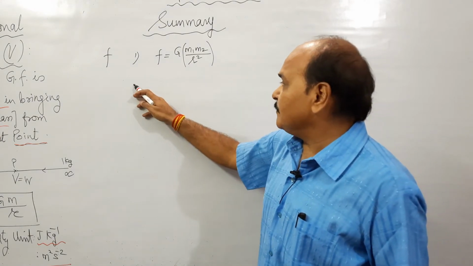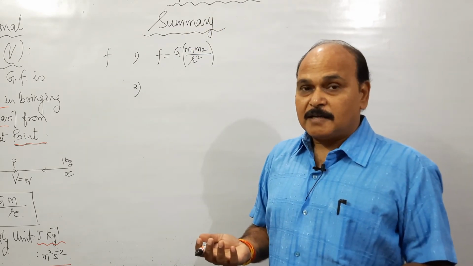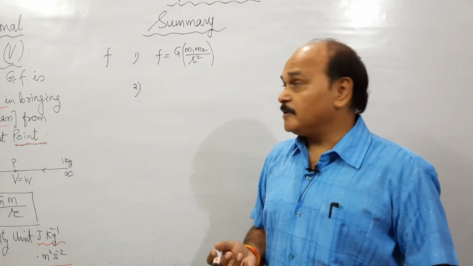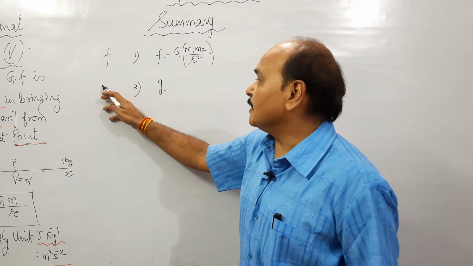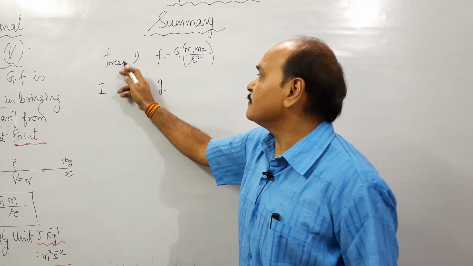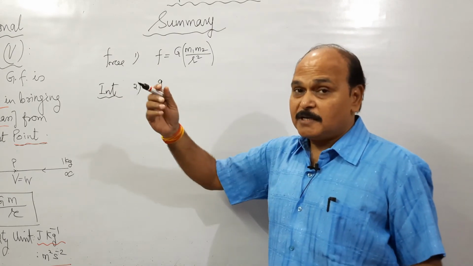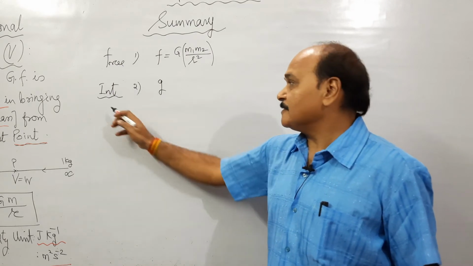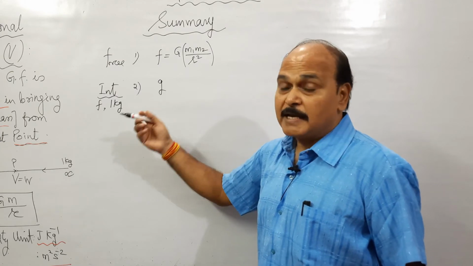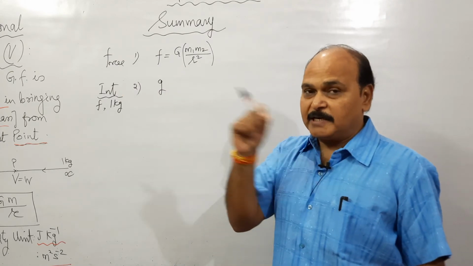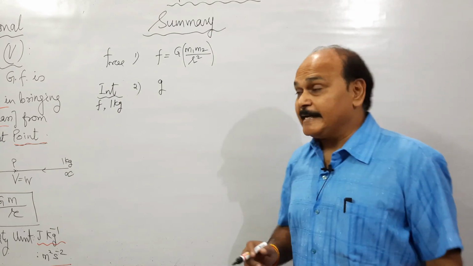The second thing we studied was the concept of gravitational field. At each and every point in the gravitational field, we have a different value of gravitational field intensity. Gravitational field intensity at any point in gravitational field is the gravitational force acting over 1 kilogram mass kept there.